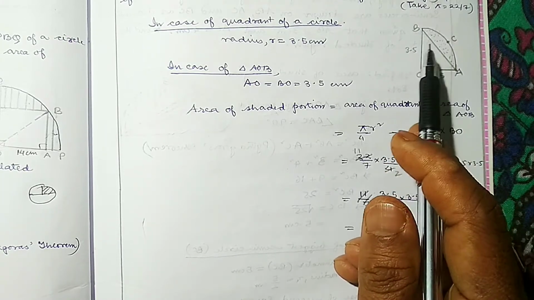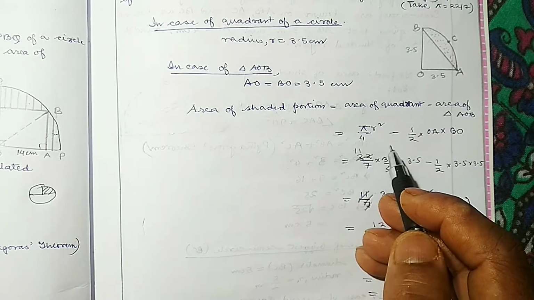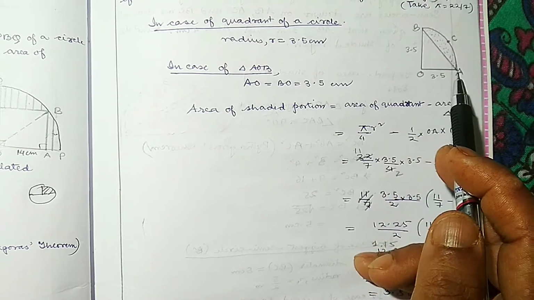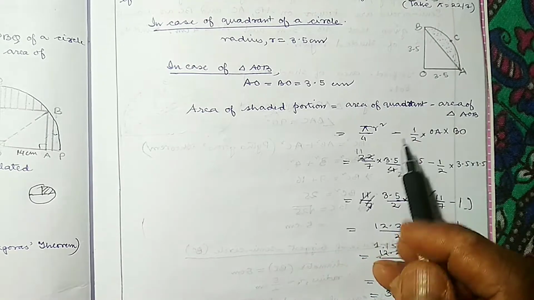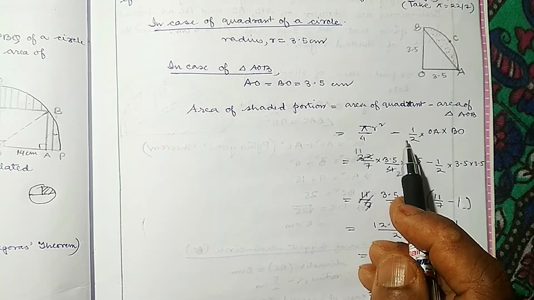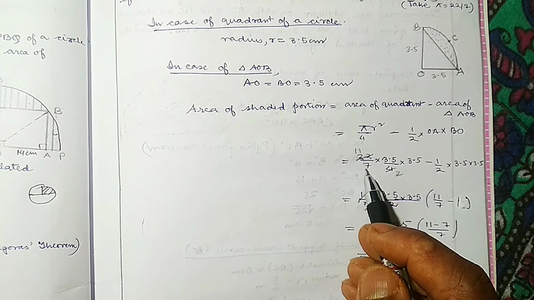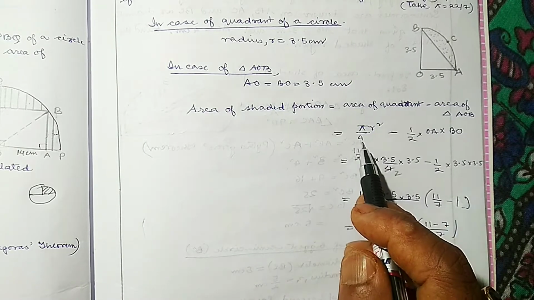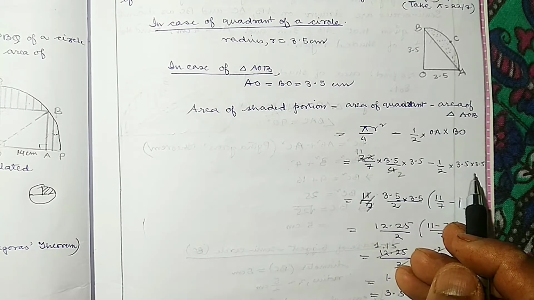And area of the quadrant, which is 1/4 of a circle, will be pi r square by 4 minus area of the triangle AOB, which is half into base into height, that is half into AO into BO. So area is pi r square by 4 minus half OA into BO. Now pi is 22/7. Radius is 3.5, so 3.5 into 3.5 divided by 4 minus half 3.5 into 3.5.